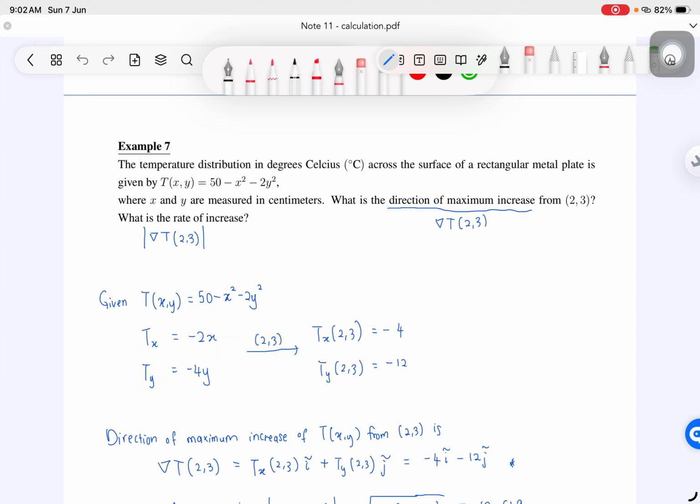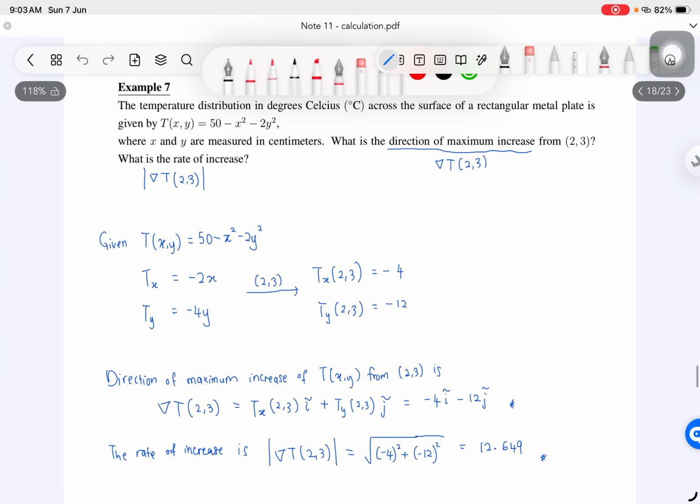And then we need to find the direction of maximum increase, so we substitute inside this one, because this one is del T at (2, 3): differentiate with respect to x plus differentiate with respect to y. So you obtain this one.